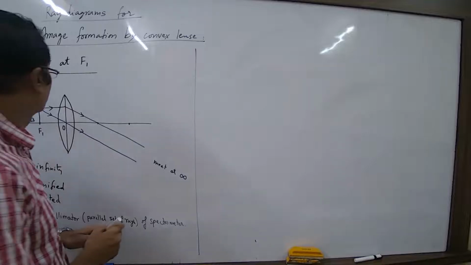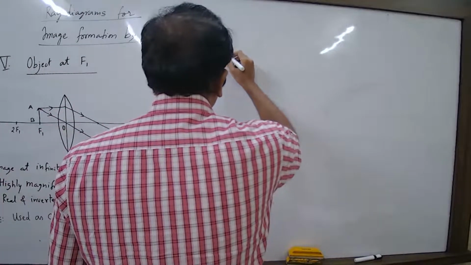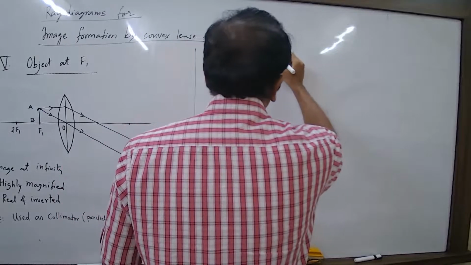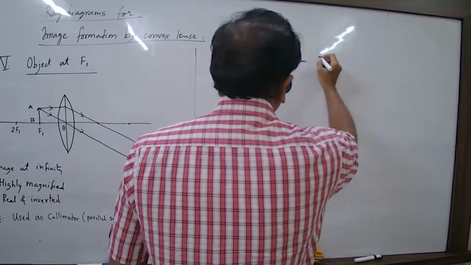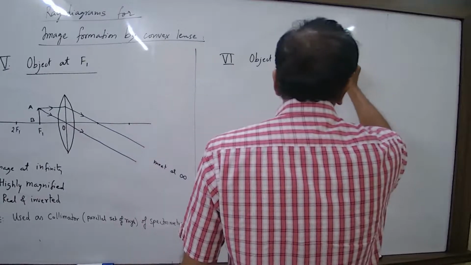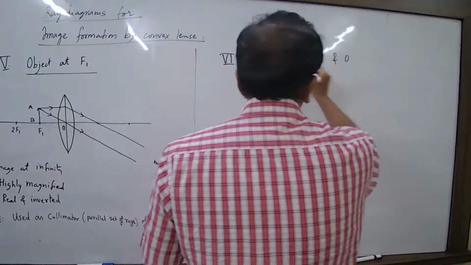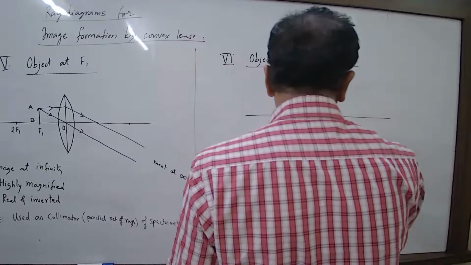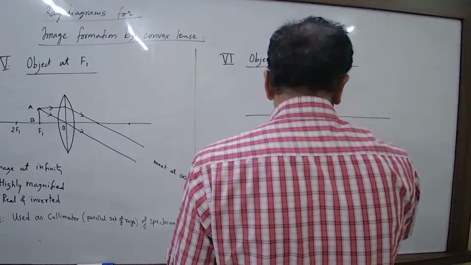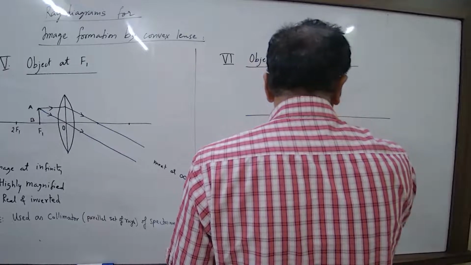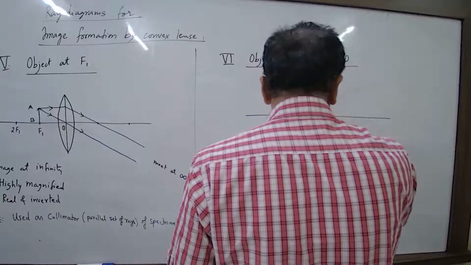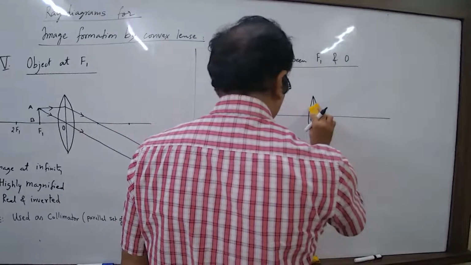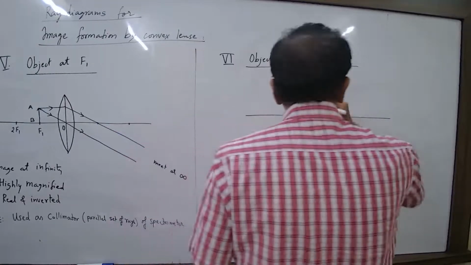Okay, between F1 and O. So since this object is between F1 and O, straight line, principal axis, then cross, and so it should be symmetry, right?